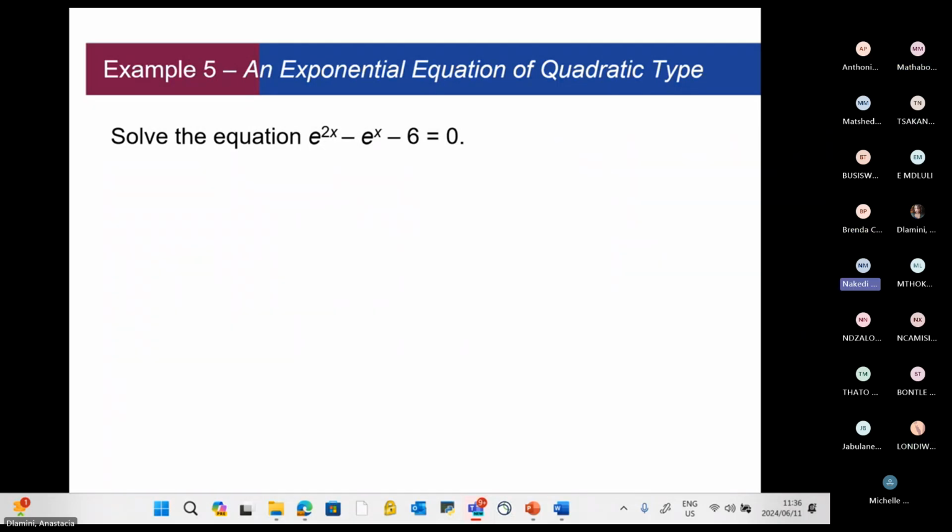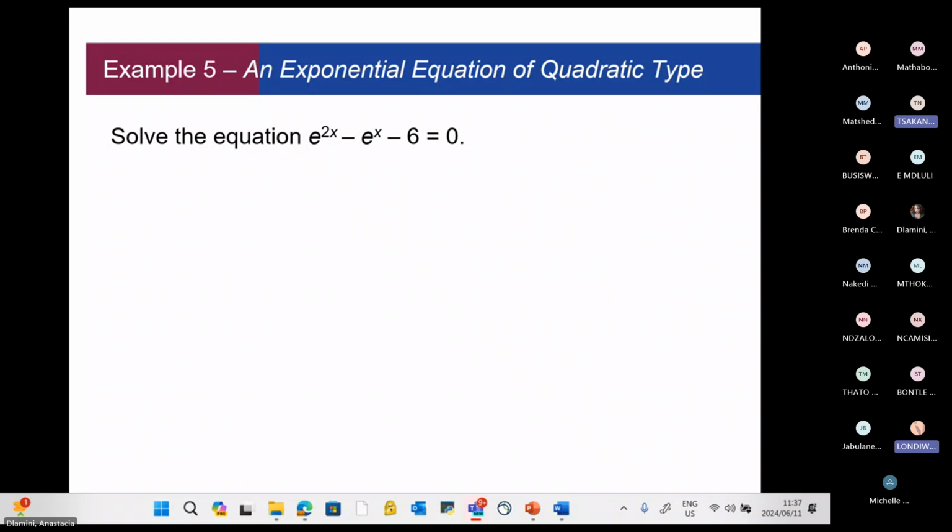That's the step I want to explain. Let's explain it. I'm saying it's 2x ln e minus x ln e equal to ln 6.